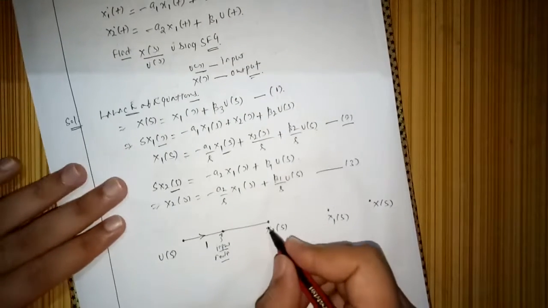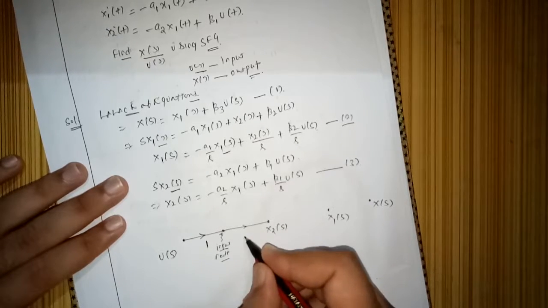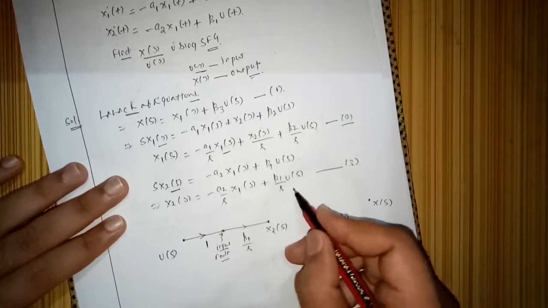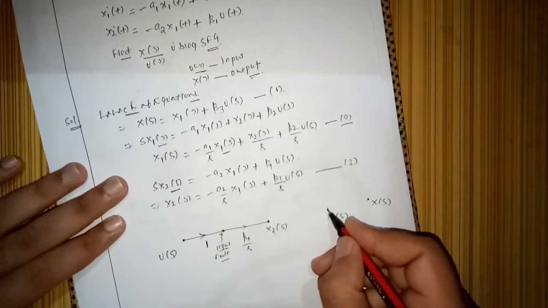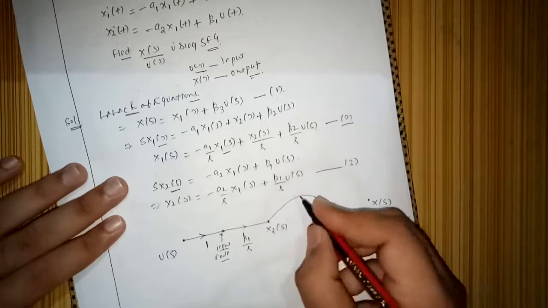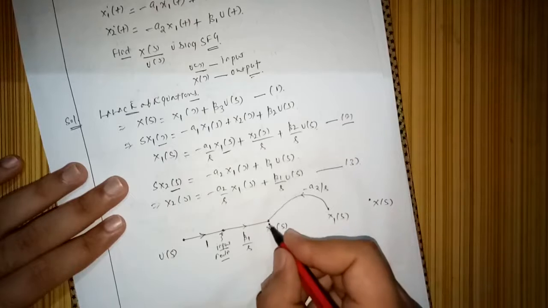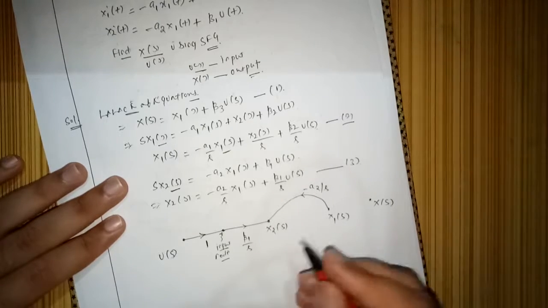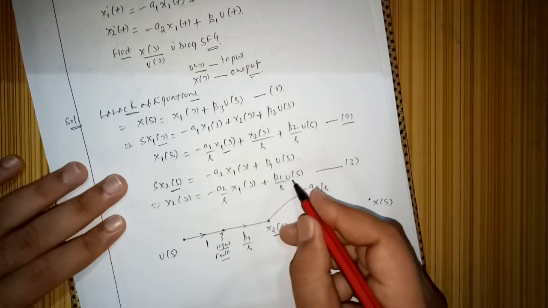Now represent x2(s): here U(s) is coming, multiplied by beta 1 by s, and x1(s) is coming from here with minus a2 by s. So this completes my x2(s). This is working as an adder now, right? So x2(s) will be equal to beta 1 by s into U(s) plus minus a2 by s x1(s), right?